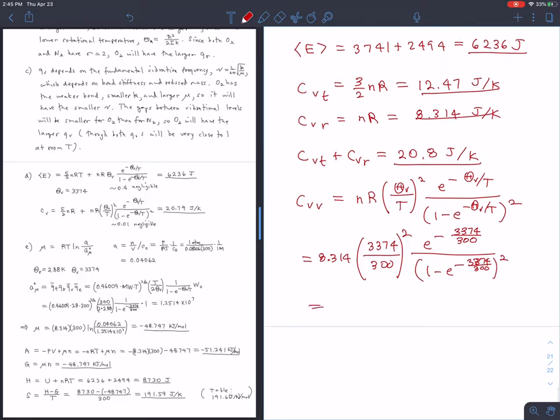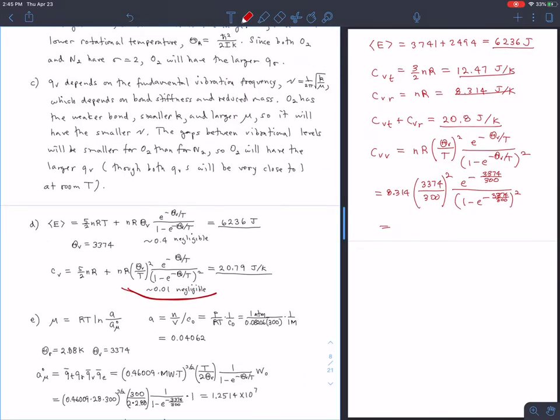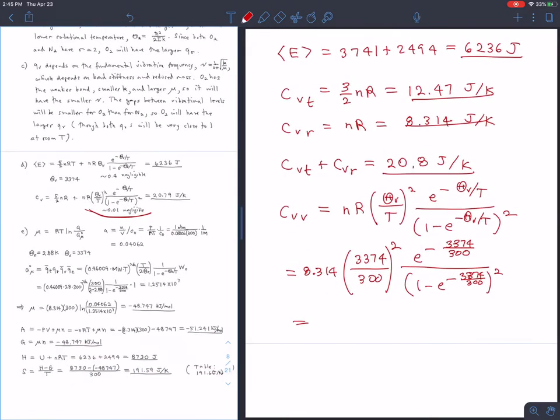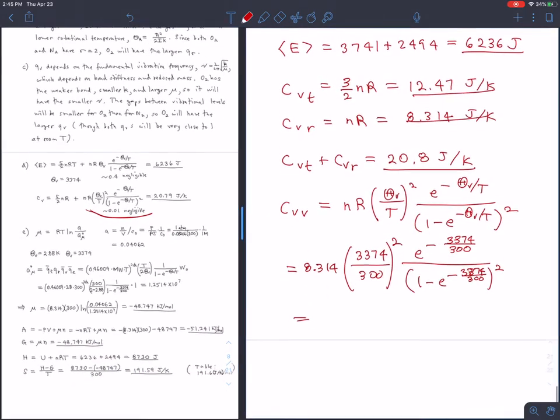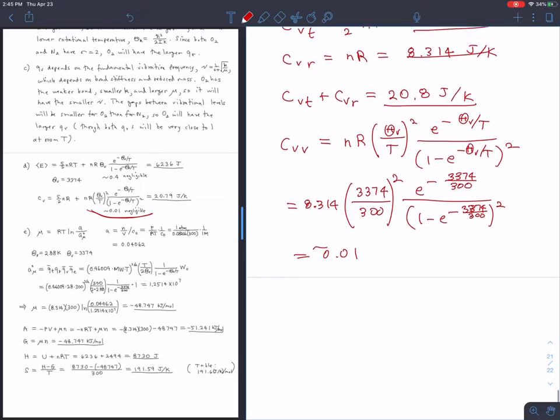I did that calculation over here on the left-hand side. That's this part of the key right here. You can see I didn't do it very accurately. I just said it was negligible, because it's 0.01, and it is negligible, so let's just leave it at that. That means that CV is just the translations and rotations, 20.8 joules per K.